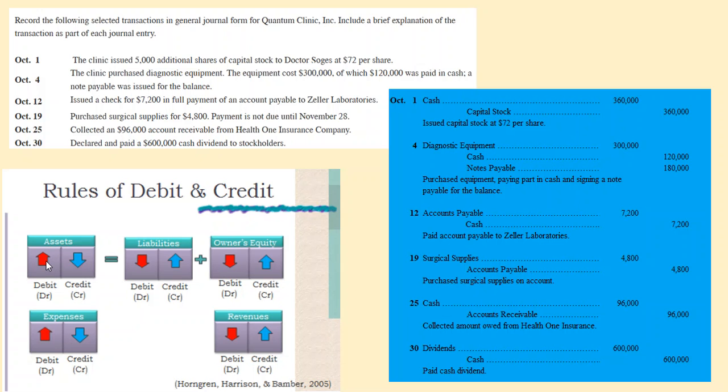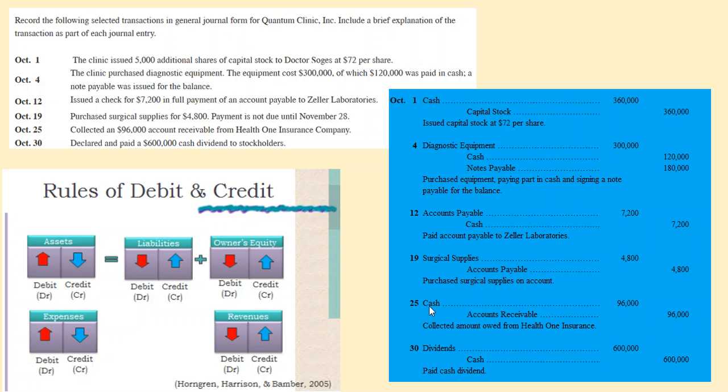So when a customer pays us money that they previously owed to us, two things happen. First, cash goes up, so we debit cash for $96,000. Second, accounts receivable goes down because the customer no longer owes that $96,000.